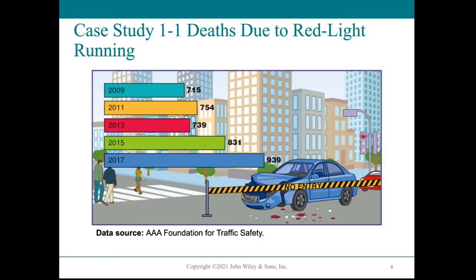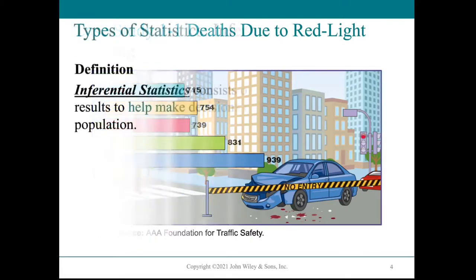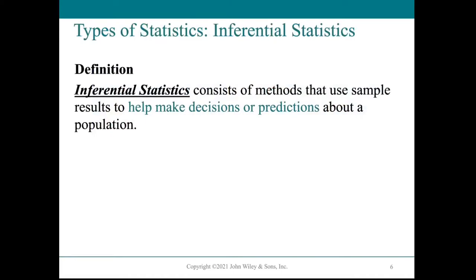So again, the keyword is significance. In descriptive statistics, we cannot say that it's a significantly higher amount. We can just say that the gross number is higher in 2017 than in 2015. So that's descriptive statistics.